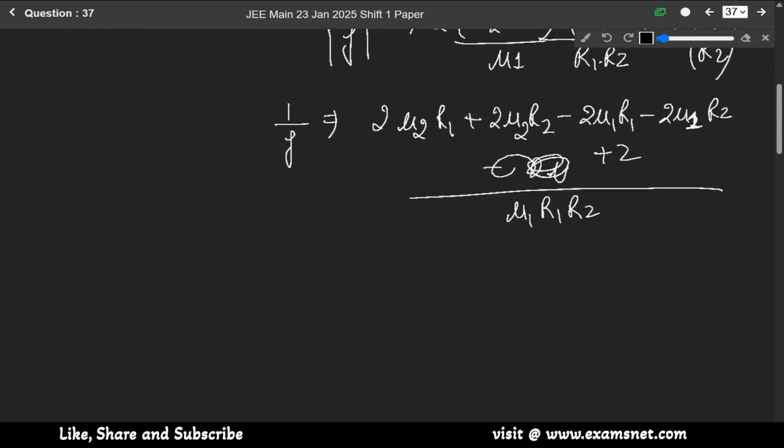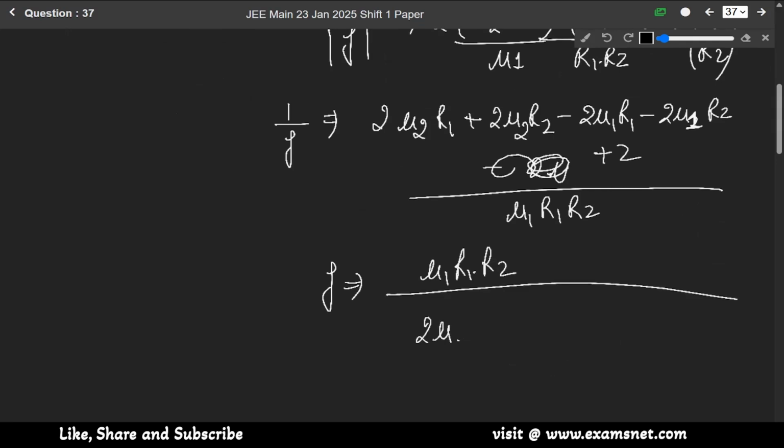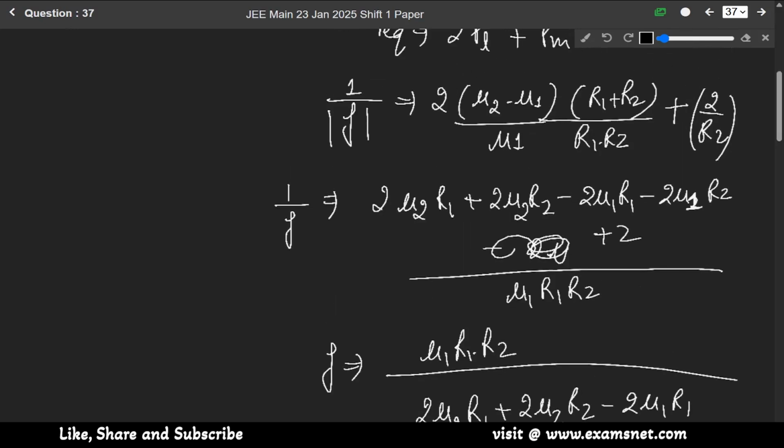Now F will be equal to mu1 R1 R2 over this: 2 mu2 R1 plus 2 mu2 R2 minus 2 mu1 R1, and this is 2 mu2 R1, 2 mu2 R2 minus 2 mu1 R1 minus 2 mu2 R2, and plus 2 mu1 R1.